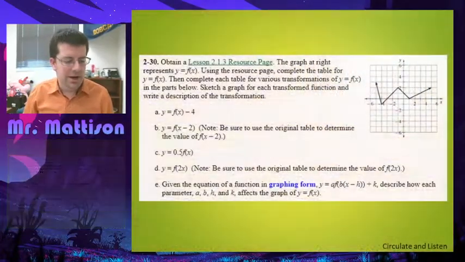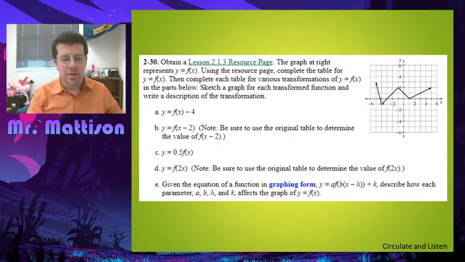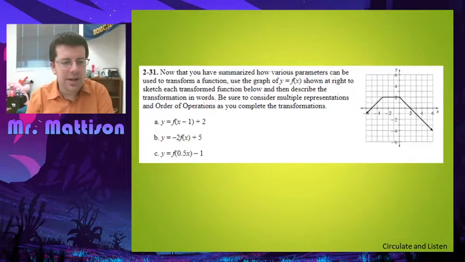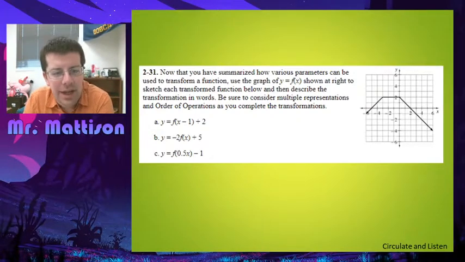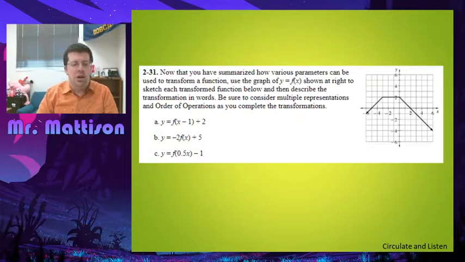Let's hop back over to our PowerPoint. Okay, so we got that graphing form. Awesome. Okay, so let's take a look at this function here. So what would this look like if we were to do these alterations to it?